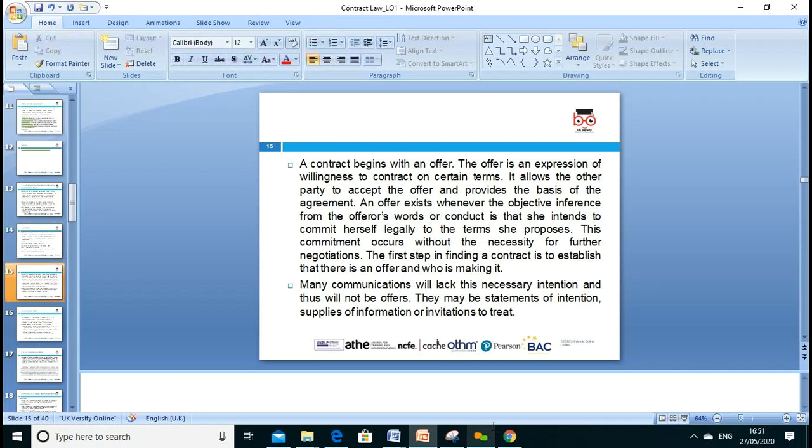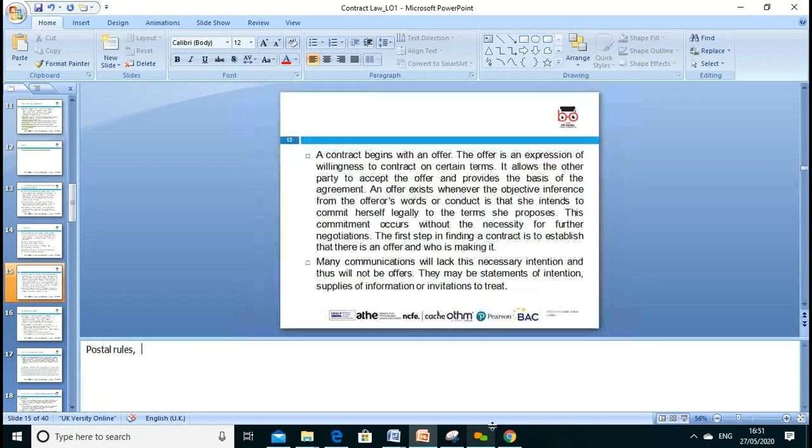Then, first thing, do you know the postal rule? Anybody know the postal rule? No. Let's say you're supposed to make a payment to someone, and the due date was, let's say, 30th May. But you post the cheque on the 29th of May.